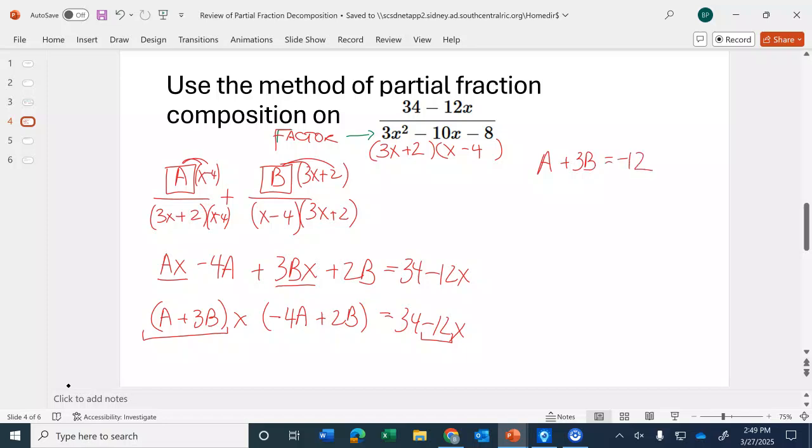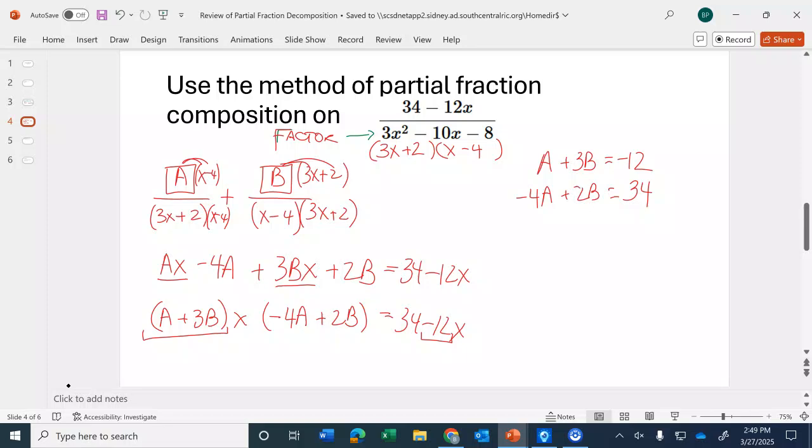In order for the coefficient in front of the x to get to our original question, it has to be true that a plus 3b equals negative 12. Now the same thing's going to be true for the constant. This negative 4a plus 2b is going to have to be equal to 34 to make that original question true.